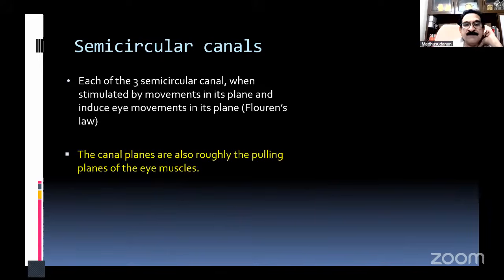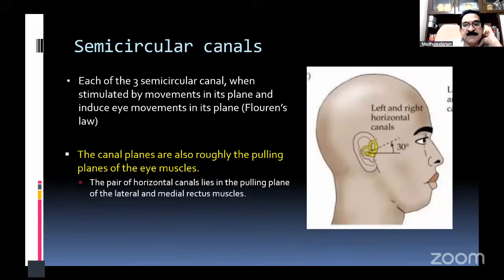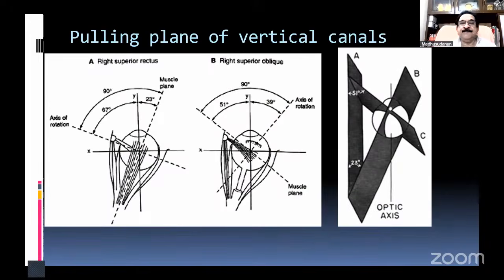The canal planes are also roughly the pulling planes of the eye muscles. The pair of horizontal canals lies in the pulling plane of the lateral and medial rectus, that is, the eye moves horizontally. On the other hand, look at the pulling plane of the vertical canals and vertical muscles.